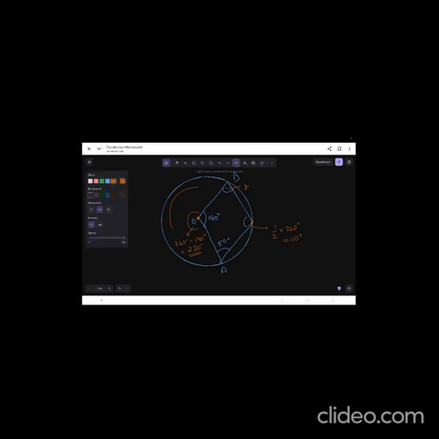And if this is a quadrilateral, I know all the angles of a quadrilateral equal 360 degree. So this angle will become 360 minus (110 plus 140 plus 50).